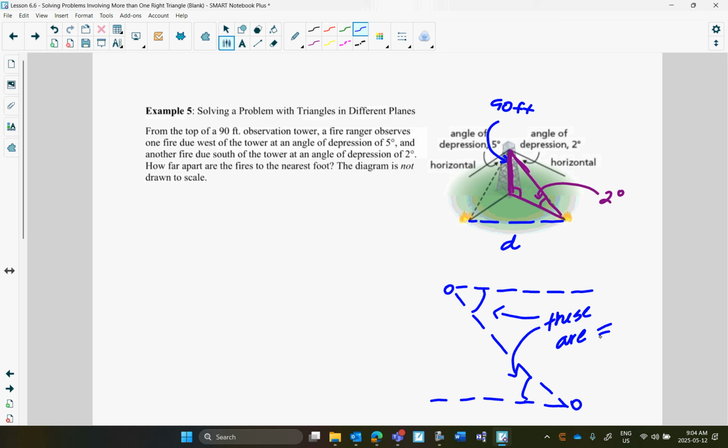So if the ranger is looking down at a fire and the angle of depression is 2 degrees, then the fire looking back up at him is also 2 degrees, which means I have enough information to find this. So I'll just call it X.